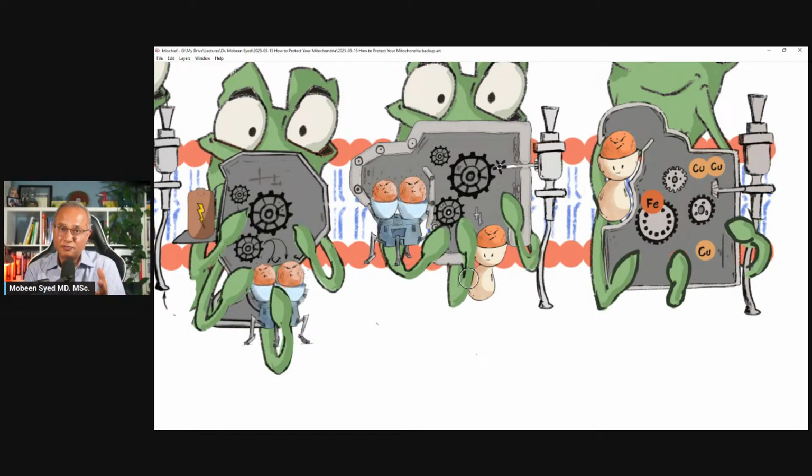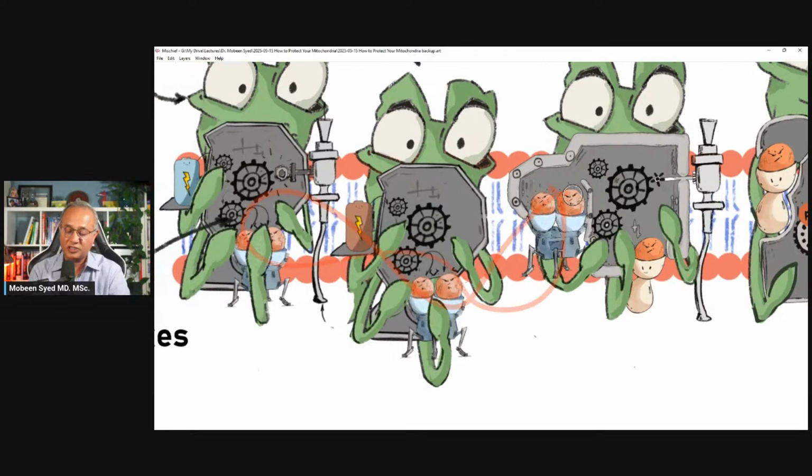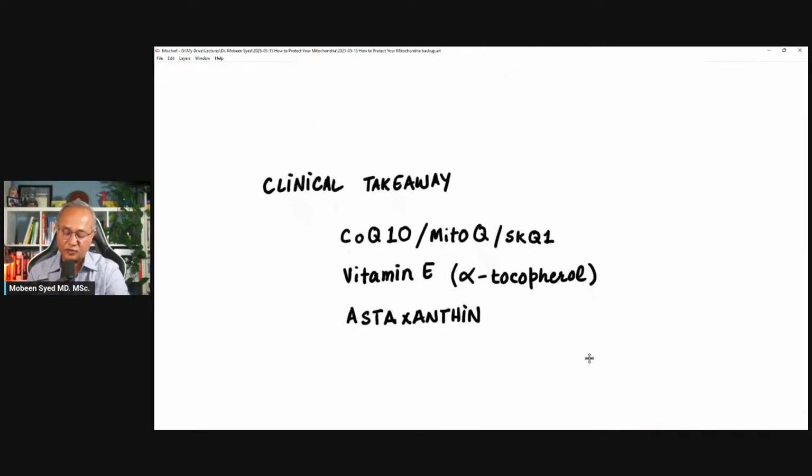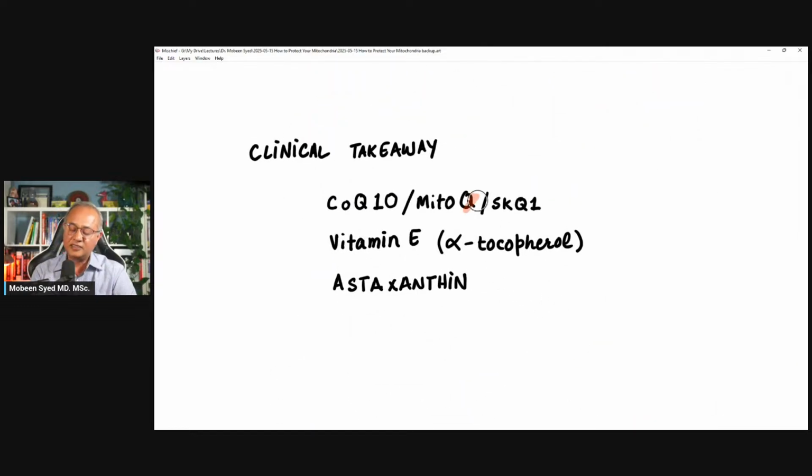So CoQ10, you can imagine, is a direct use. It is a useful product for the mitochondria because it works so much within the mitochondria, especially in the electron transport chain. So CoQ10 is a very interesting molecule to keep. Then there is another molecule called MitoQ, which is said to have more affinity to mitochondria. It has better affinity to enter a mitochondria and help with the antioxidant behavior and to try to repair the electron transport chain function.